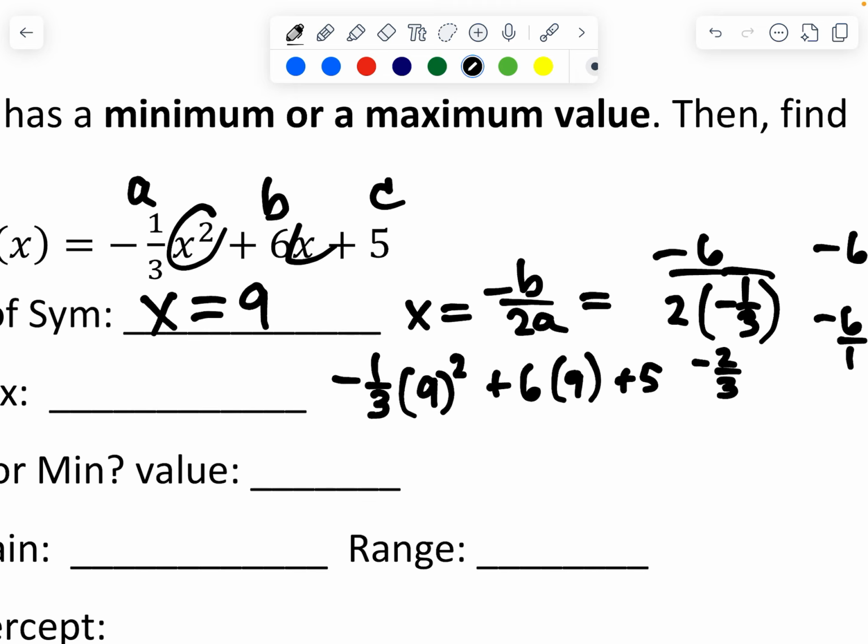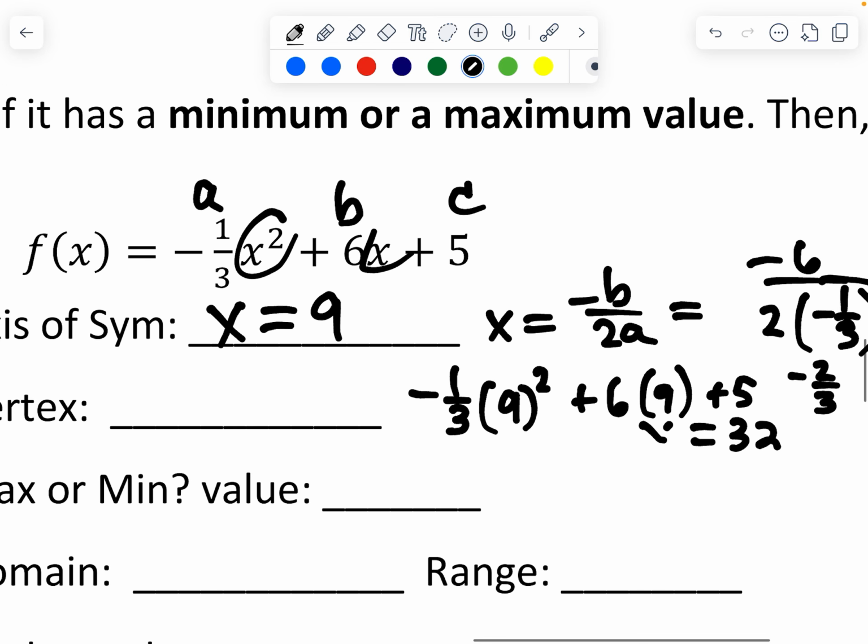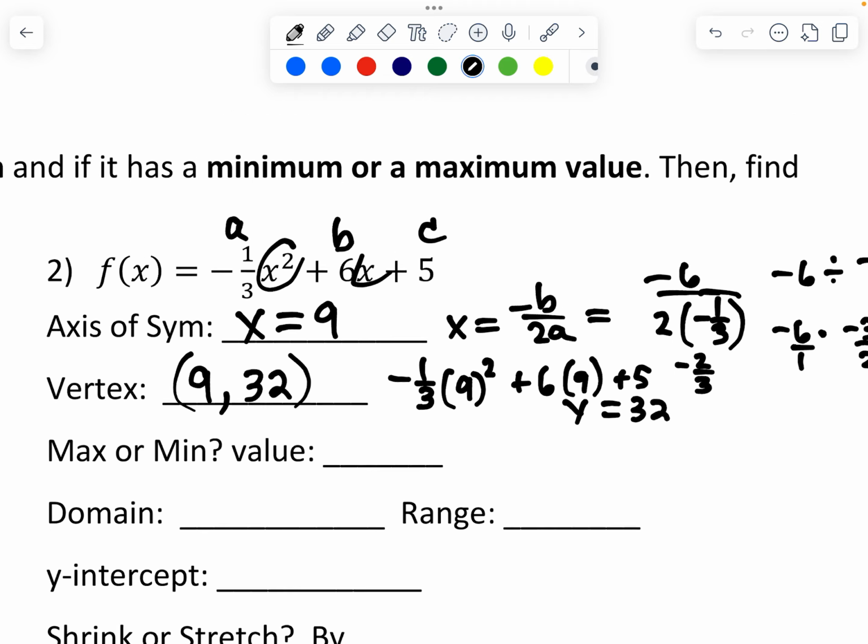You can divide that by negative 3, plus 54 plus 5. If you do all the math for that, that's going to equal 32. So the y value is 32. So our vertex is going to be 9, 32.